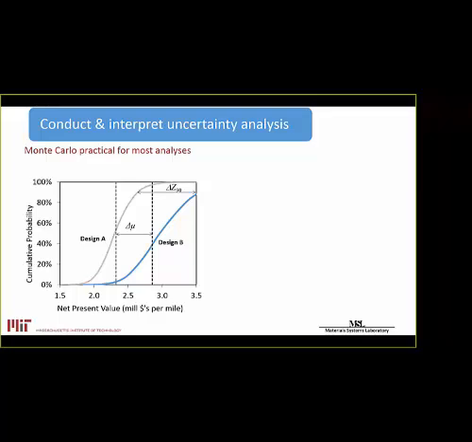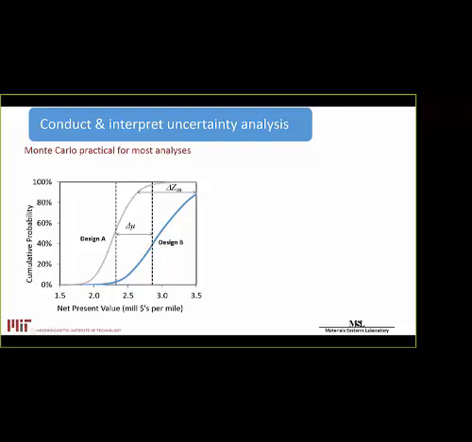And although it doesn't have to be Monte Carlo analyses, there are other approaches you can use, and some that don't even involve simulations. But generally what you get is some type of result like this, where you have a cumulative probability of results. So for example, this one's actually showing a cost here, but we have two different alternatives, and there's a couple different metrics you can use to then analyze differences between them.